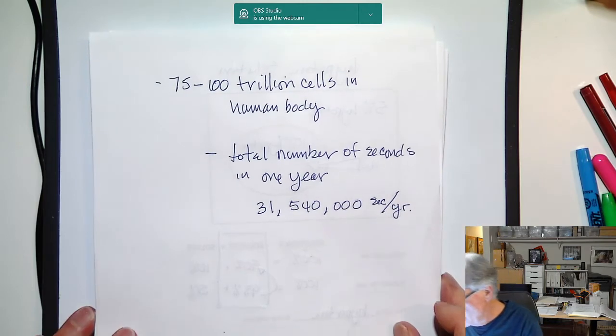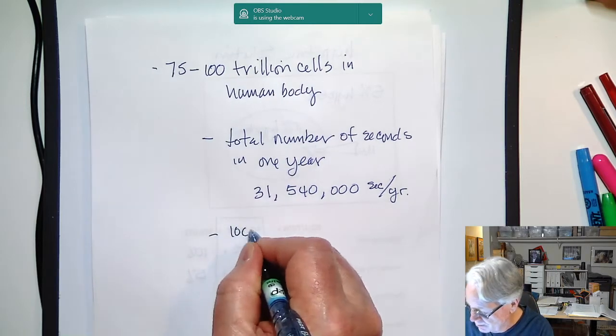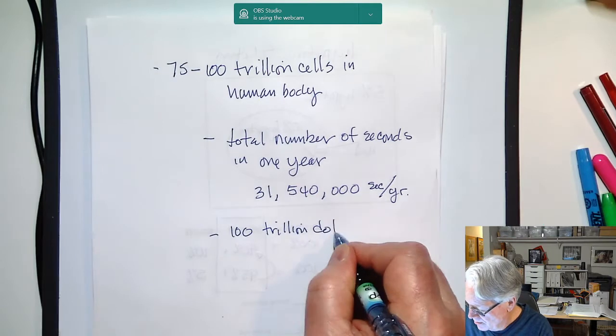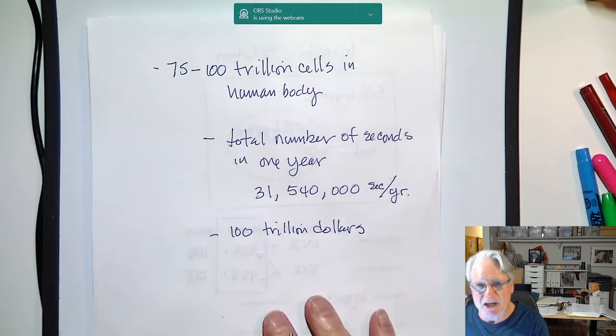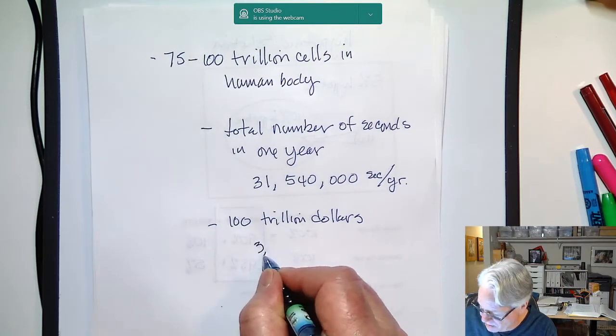Okay. And now what I'm going to do is take $100 trillion and ask myself, if I make $100 trillion in 1 year, how much money do I make in 1 second? So the answer is, by the way, this.